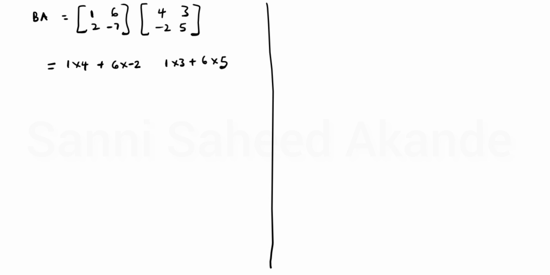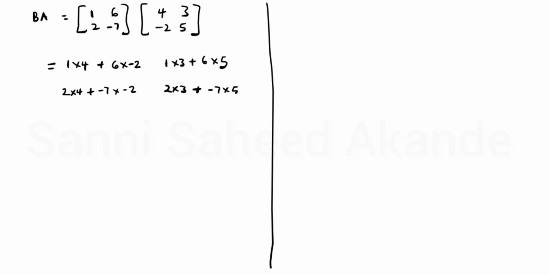Then the second row multiply by the first column, that will be 2 times 4 plus minus 7 times minus 2. Then the second row multiply by the second column will give us 2 times 3 plus minus 7 times 5.